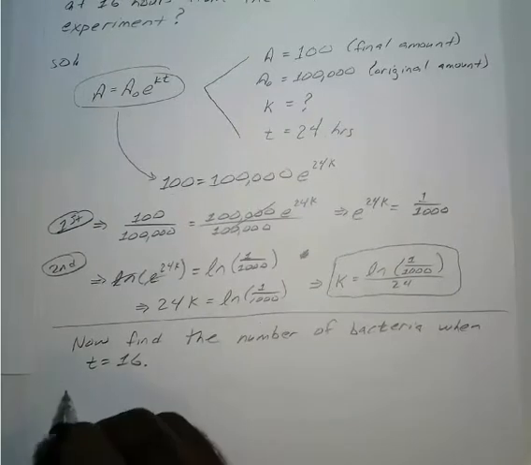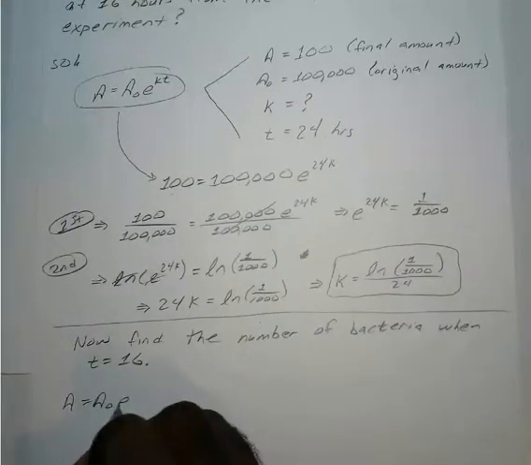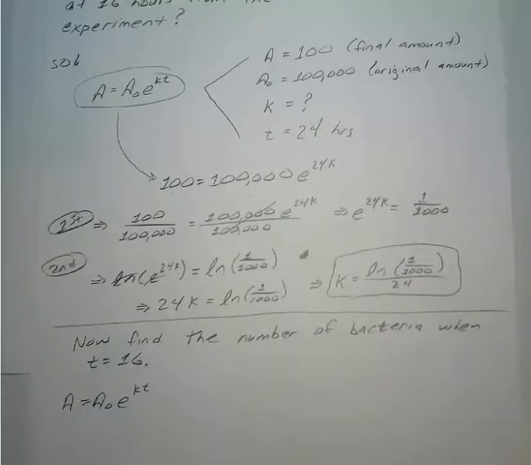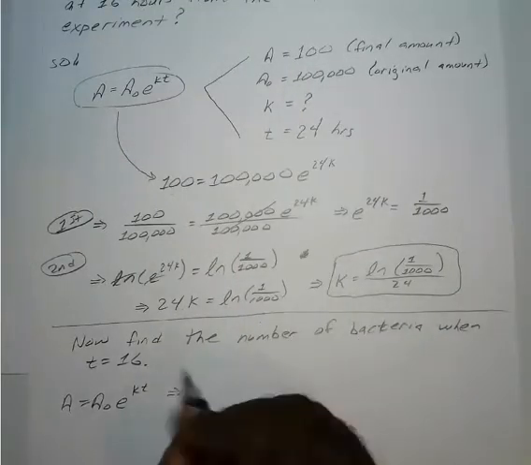Okay, so we have our A equals A sub 0 e to the kt. Remember our A is 100. Well, actually, now A wouldn't be 100 because we have to solve for the final amount. See, that's after 24 hours. Our A is now going to be a new value.